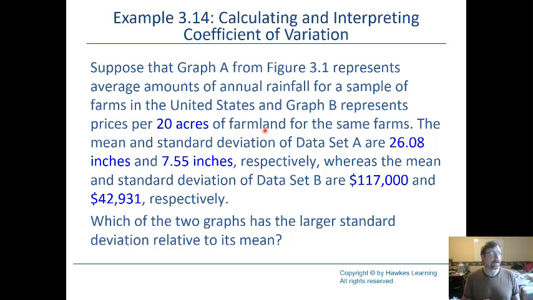So we've got two graphs. One represents the annual rainfall for a sample of farms, and the other is price per 20 acres of farmland for the same farms.